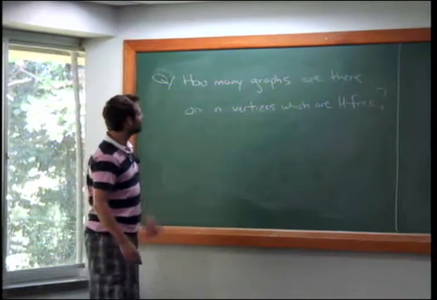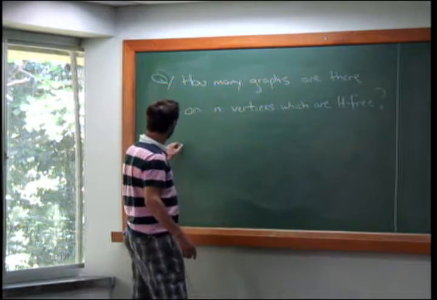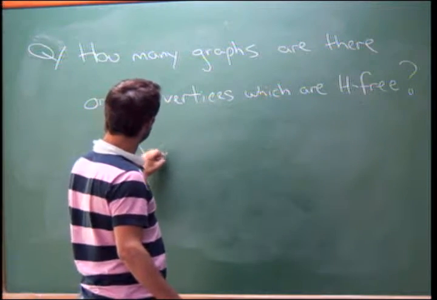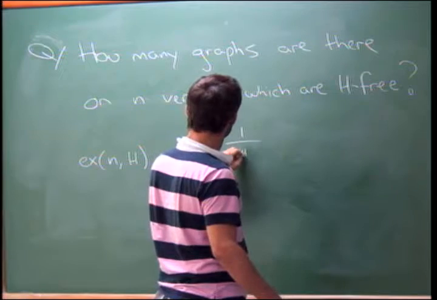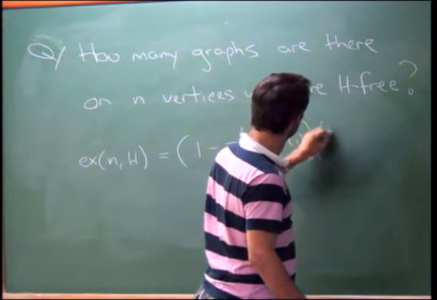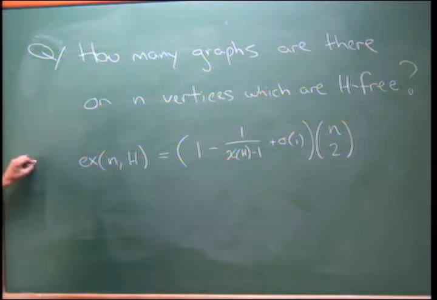Well, what do we know about graphs that are H-free? We know the extremal number of H is equal to (1 minus 1 over chi of H minus 1 plus little o(1)) times n choose 2. This is Erdős-Stone. Okay.